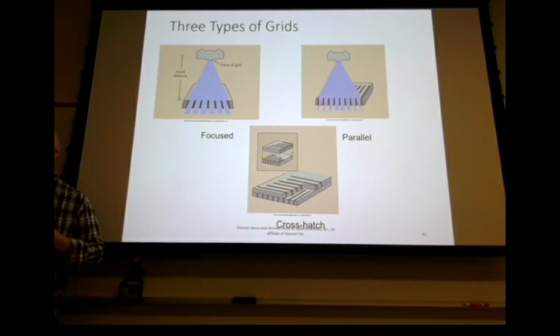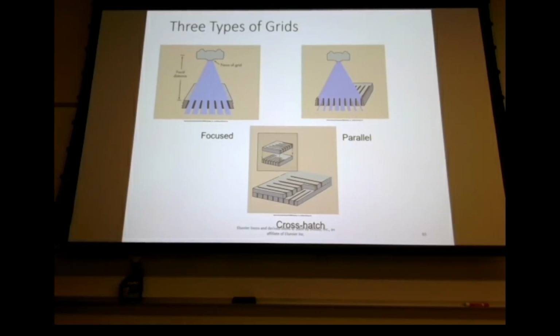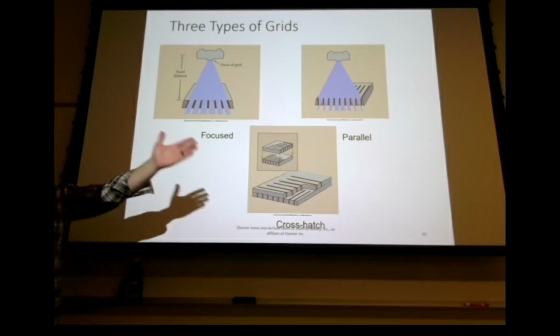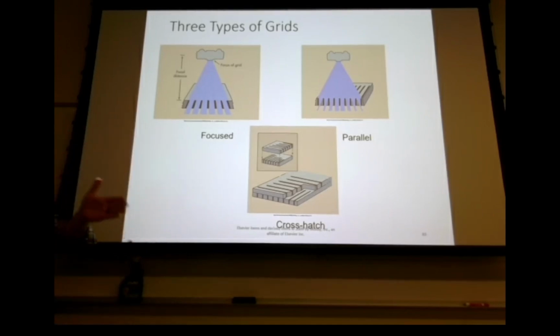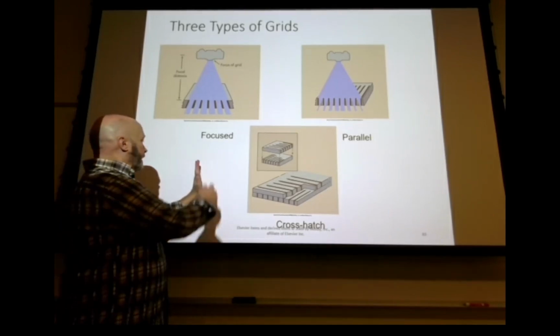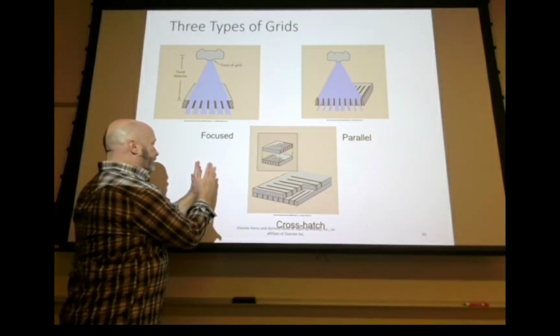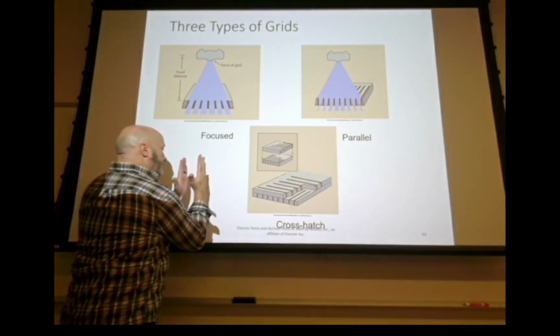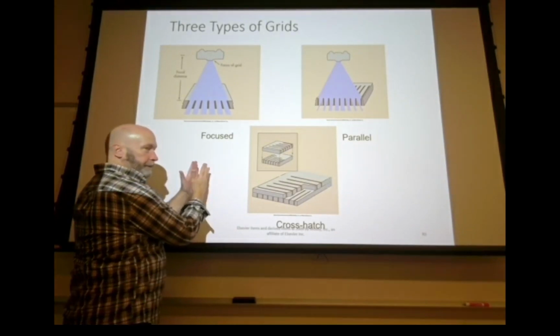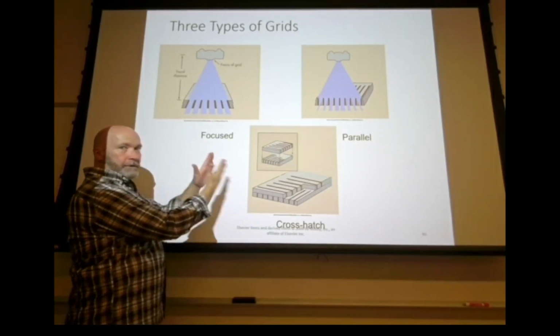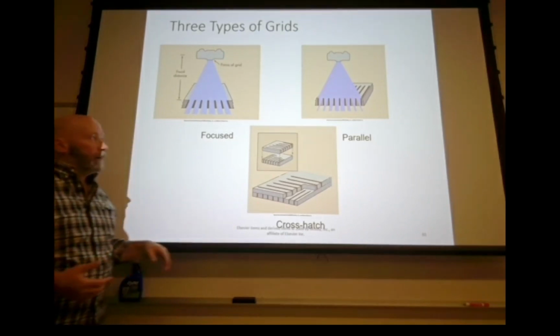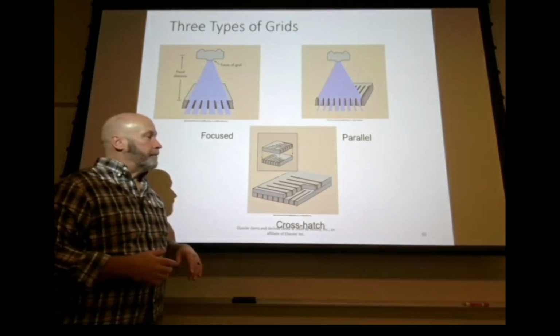It gives you the most positioning latitude. Okay, so with a parallel grid, what you have is that they stand the grid strips on end and then have an interspace material, and then the next one is perfectly parallel to the first one. Okay, so it's just sandwiched in between each one. All right, so that's a parallel grid.